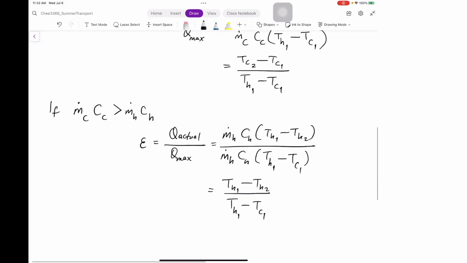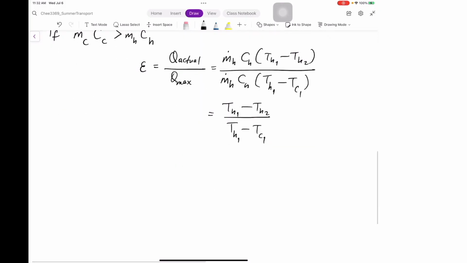And we actually can define the epsilon in a unified version.